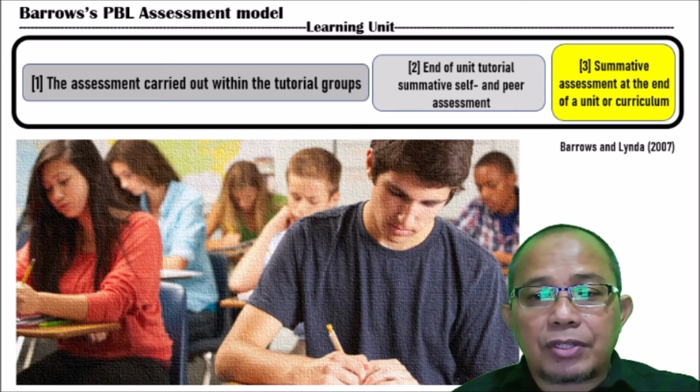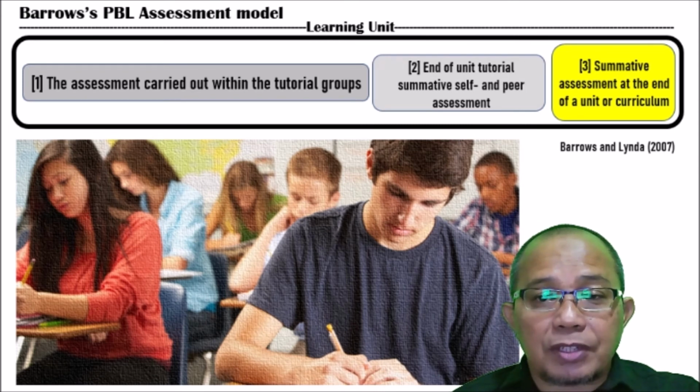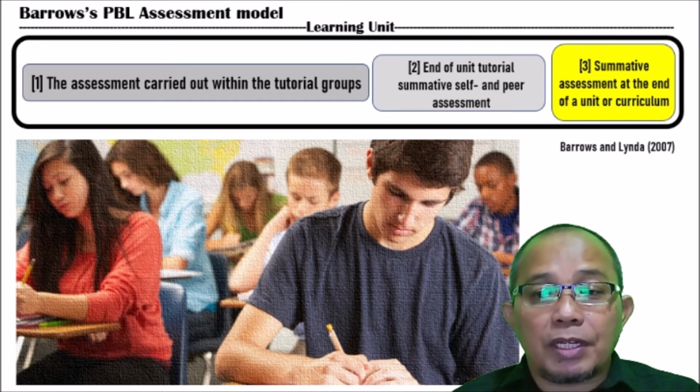It also reassures those faculty members who are uncomfortable with the responsibility that is given to the learners for their own learning. The final assessment helps to satisfy this concern of faculty members, yet at the same time does not interfere with the learner's responsibility for their own learning.